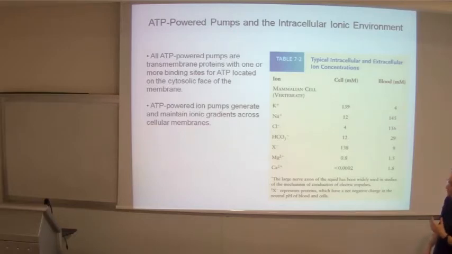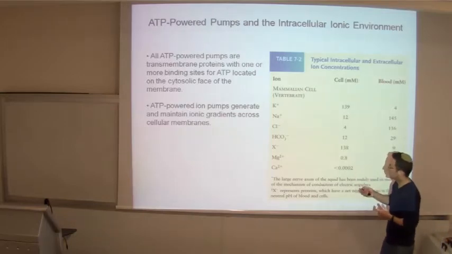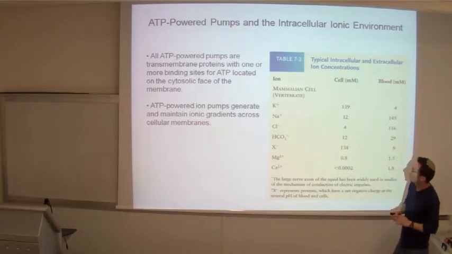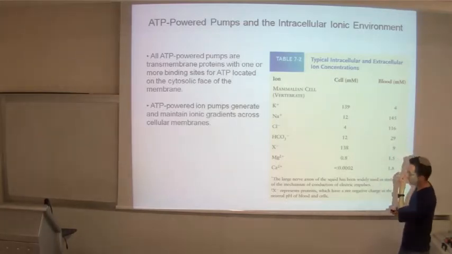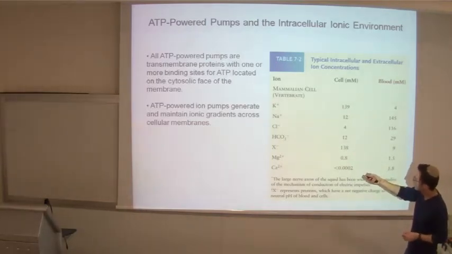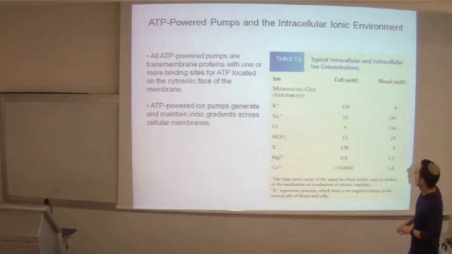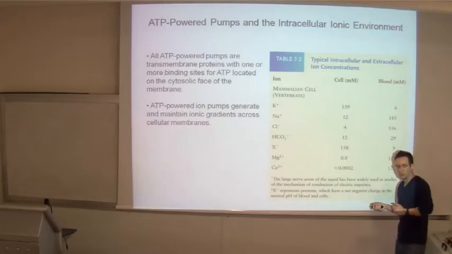So each cell generates and maintains a specific ionic environment, and this table describes the chemical gradients for the basic physiological ions. So you don't have to remember these numbers by heart, but you do have to remember, for the most important ions for us, potassium, sodium, chloride, and calcium, the directionality of the gradient.